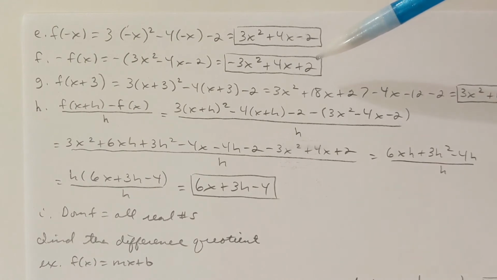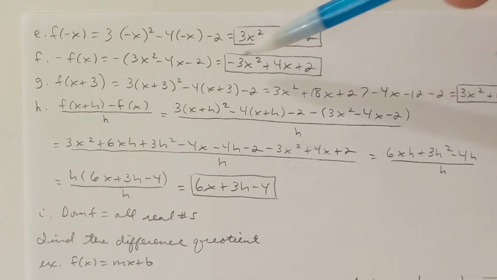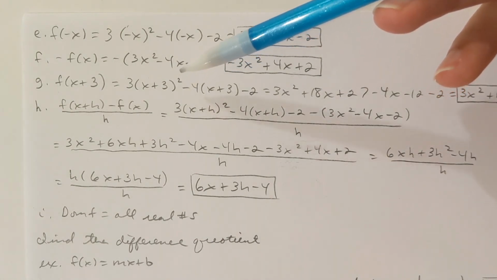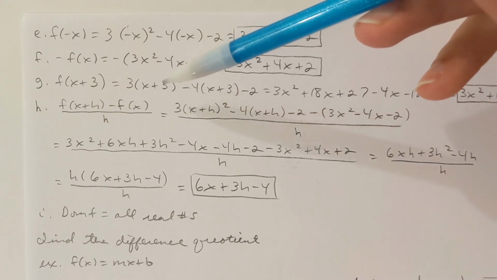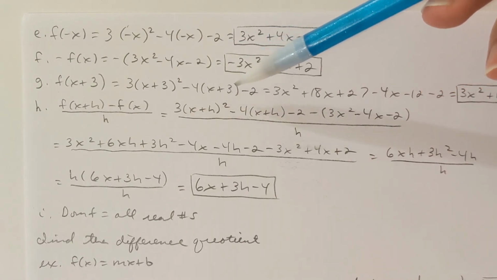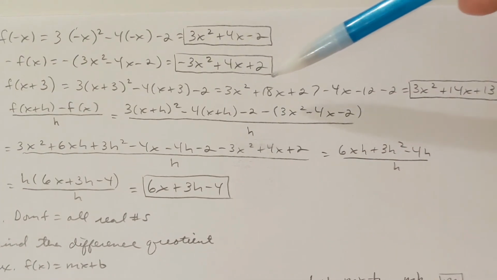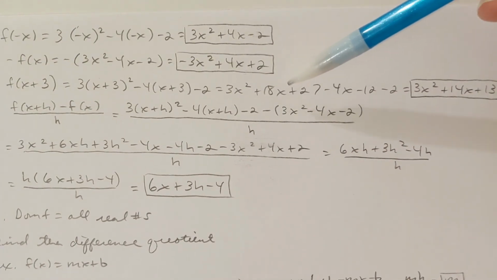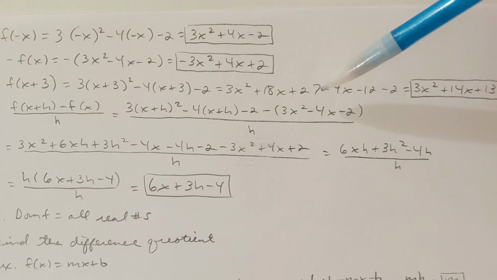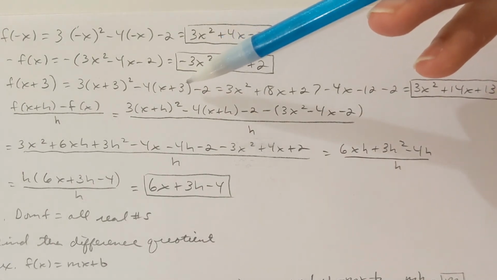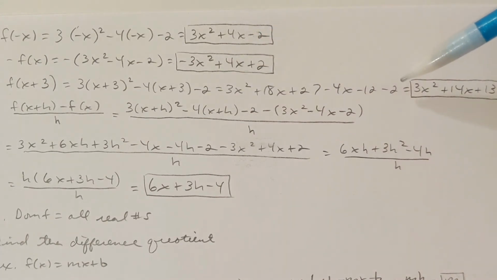Part G, f of x plus 3 means that I need to replace x with x plus 3. x plus 3 squared times 3 minus 4 times x plus 3 minus 2 is what I get. 3x squared plus 18x plus 27 minus 4x minus 12 minus 2.